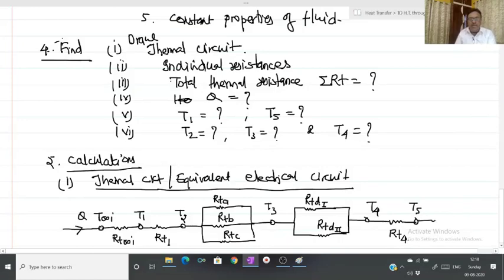And the last thermal resistance will be by the cold fluid between temperatures T5 and T infinity O, represented by RT infinity O, and finally heat will come out.